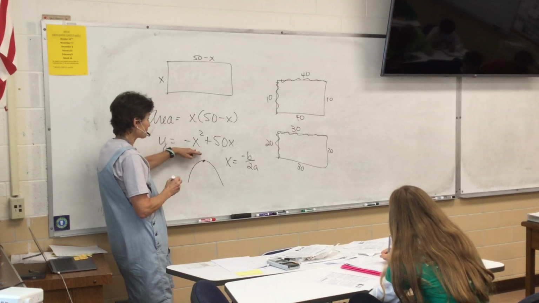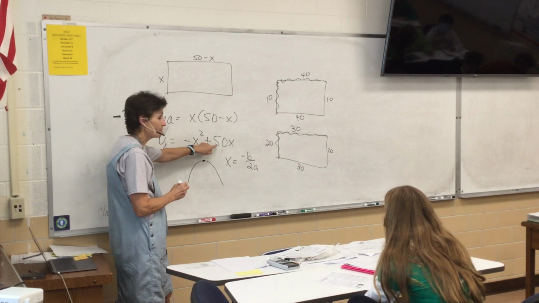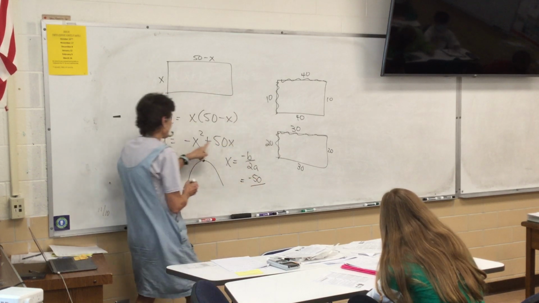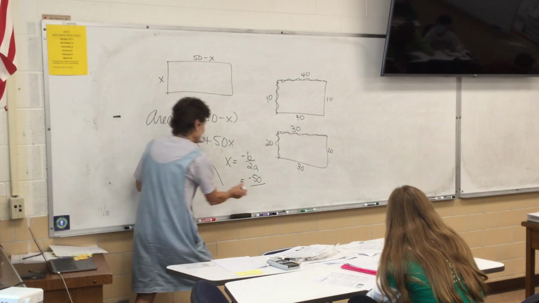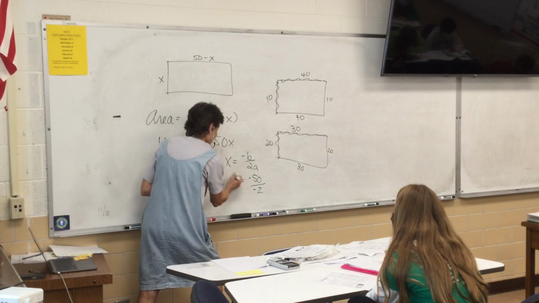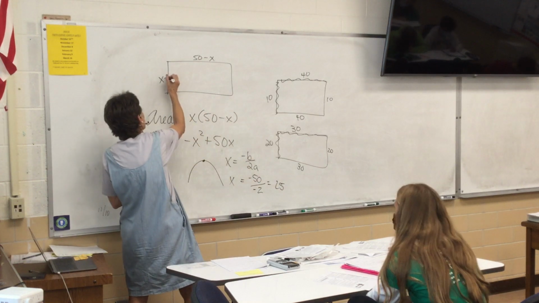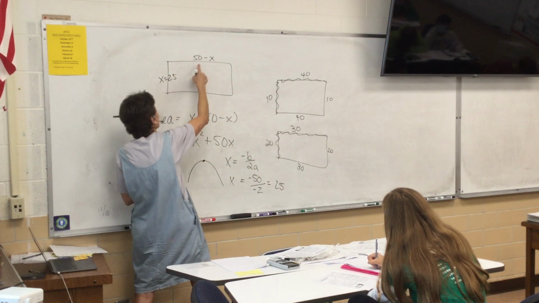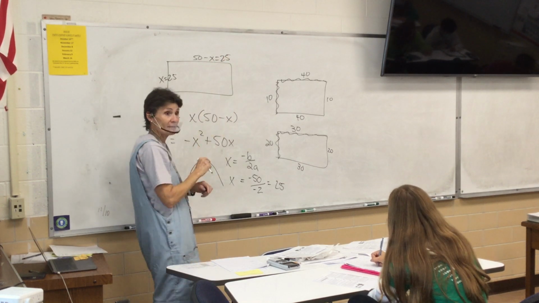So in this problem, what's my b? 50, so it's going to be negative 50. What's my a? Negative 1, so that'll be negative 2. So what's my x value? 25. And if the width is 25, the length will also be 25 because it's 50 minus x.